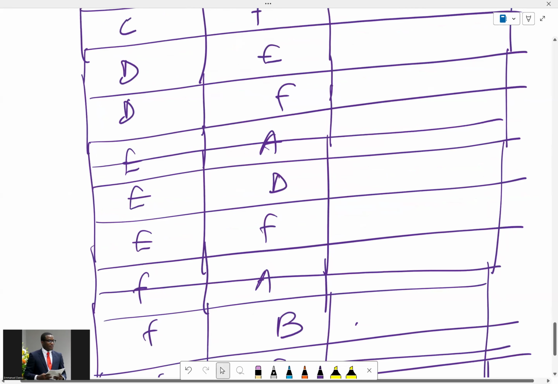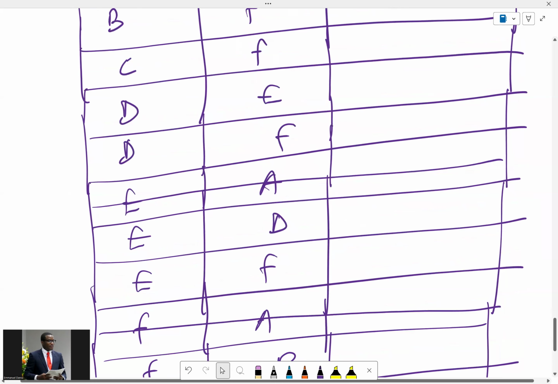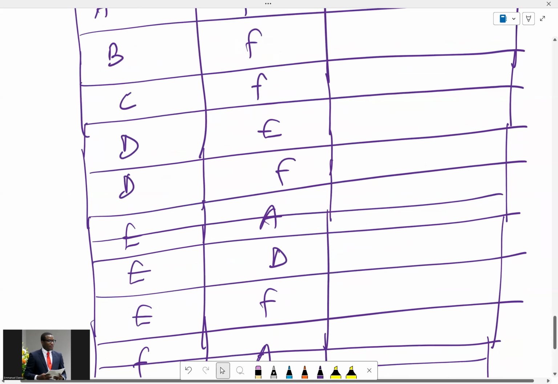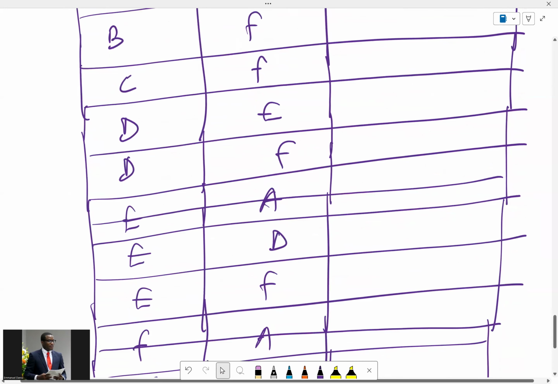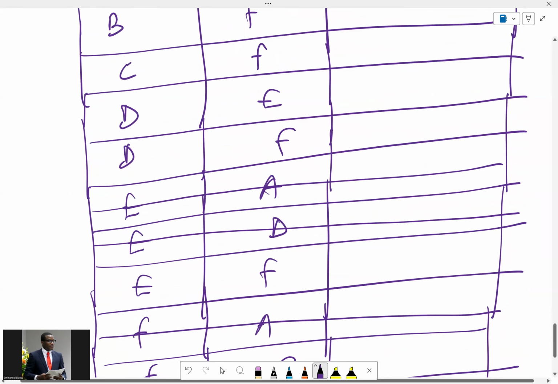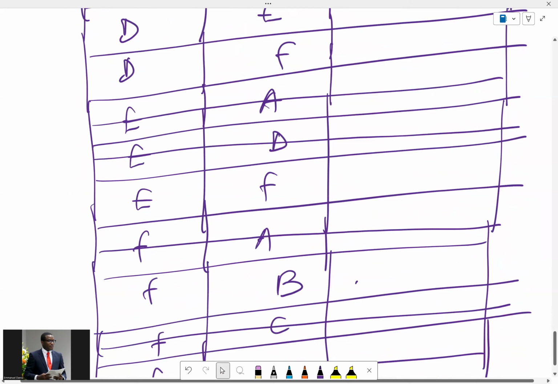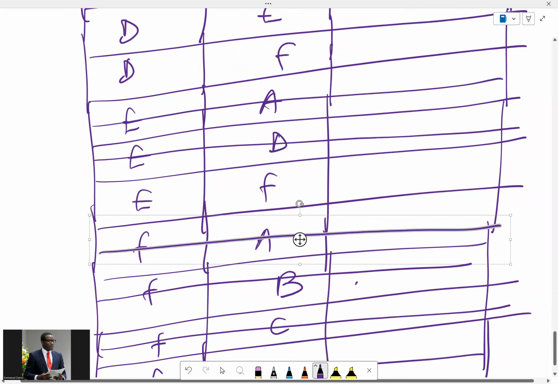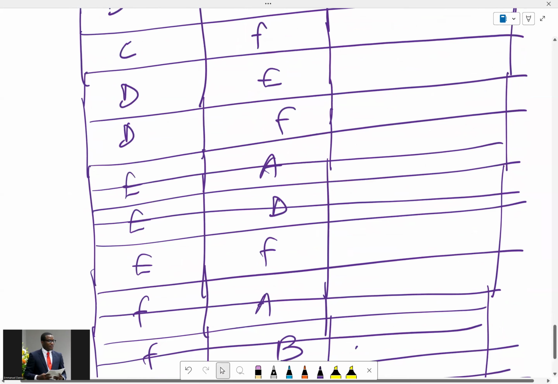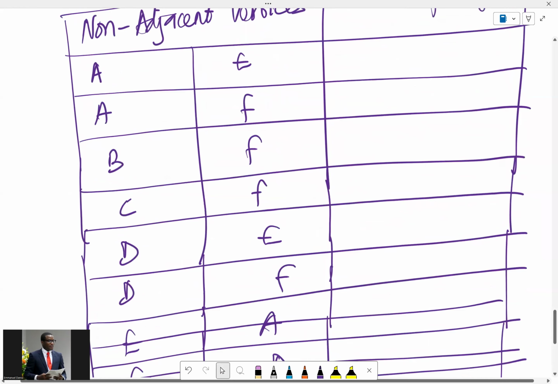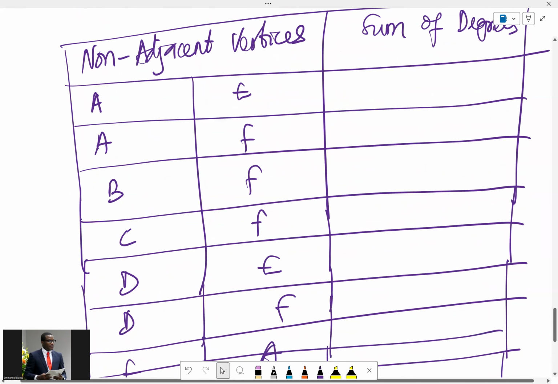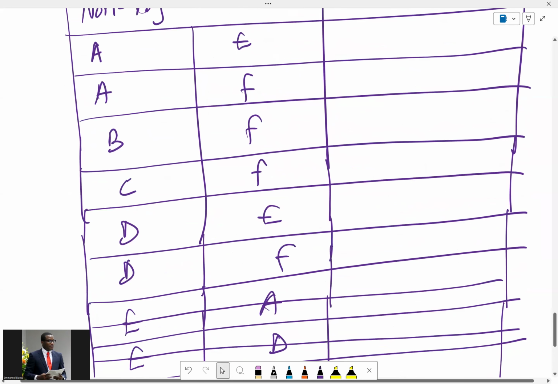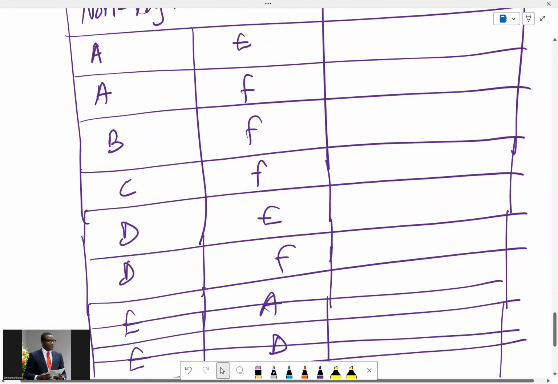Then we already have DE, so ED can go. If we have BF already, FB can go. EF is okay. So we have AE, AF, BF, CF, DE, DF.